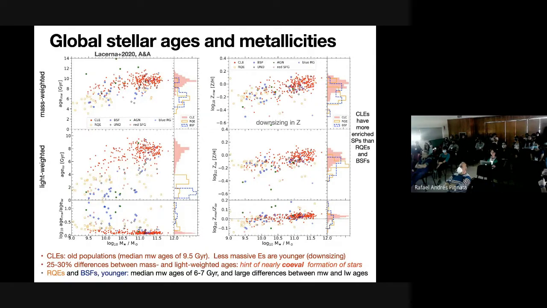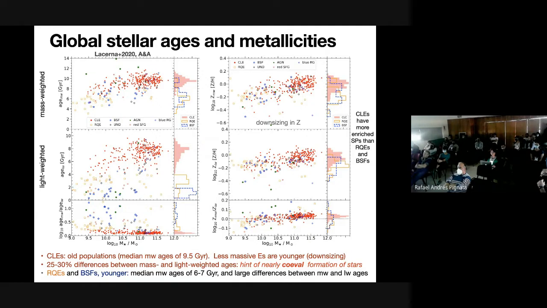Here I'm showing the mass-weighted age versus the mass, the luminosity-weighted age, and the ratio of mass-weighted age to luminosity-weighted age. As expected, classical elliptical galaxies are very old. The typical age is 10 gigayears, but the lower mass ones are slightly younger.